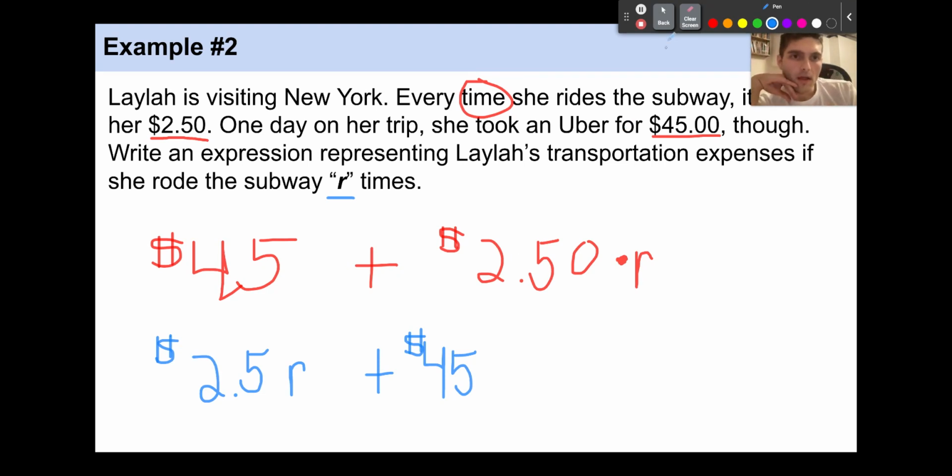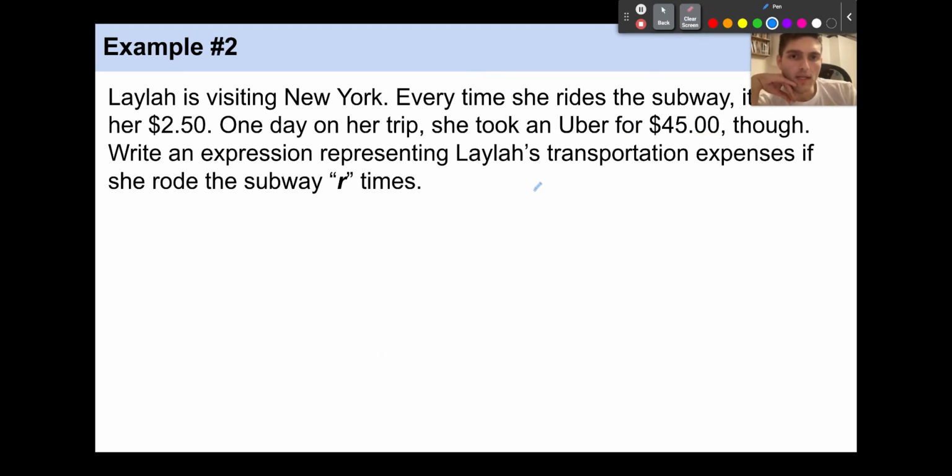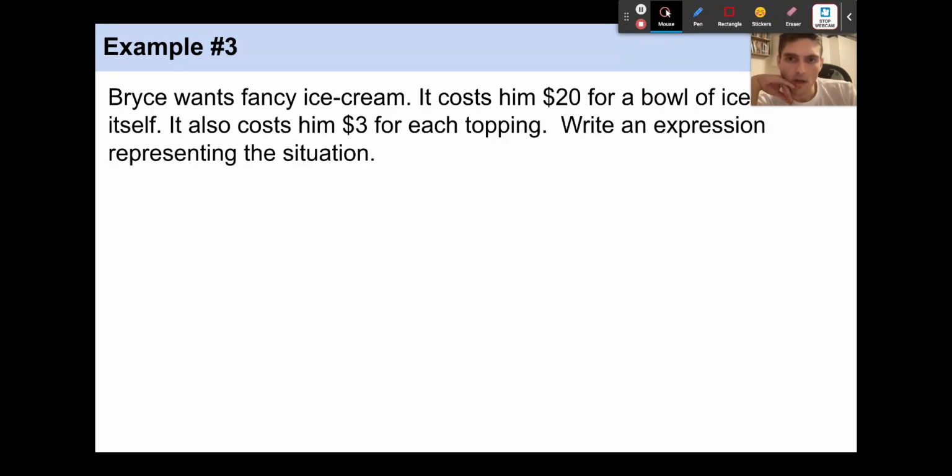Okay, let's move on to one last example so then you can feel good going into the practice problems. Bryce wants fancy ice cream. It costs him $20 for a bowl of ice cream itself. It also costs him $3, let's underline, $3 for every topping.